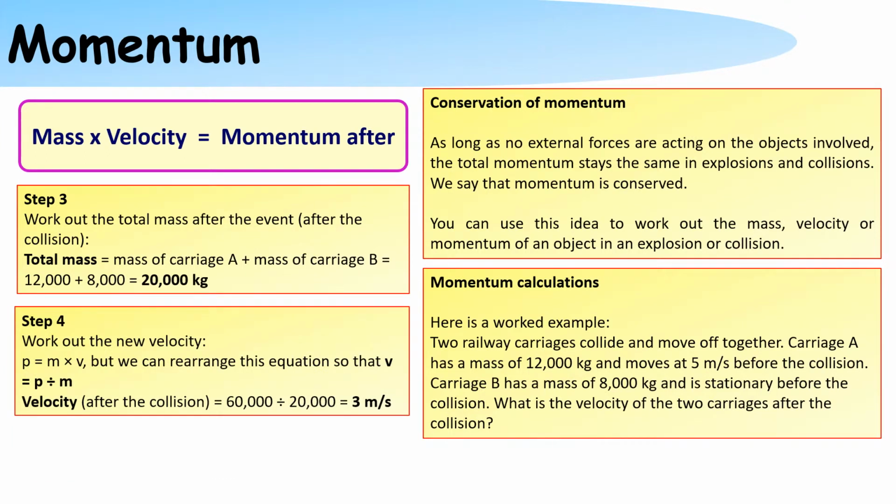We then simply rearrange the equation for V, velocity, which is equal to momentum divided by mass. So we know that the momentum after is 60,000 kilogram meters per second, divided by a mass of 20,000 kilograms. So the velocity after must be 3 meters per second.